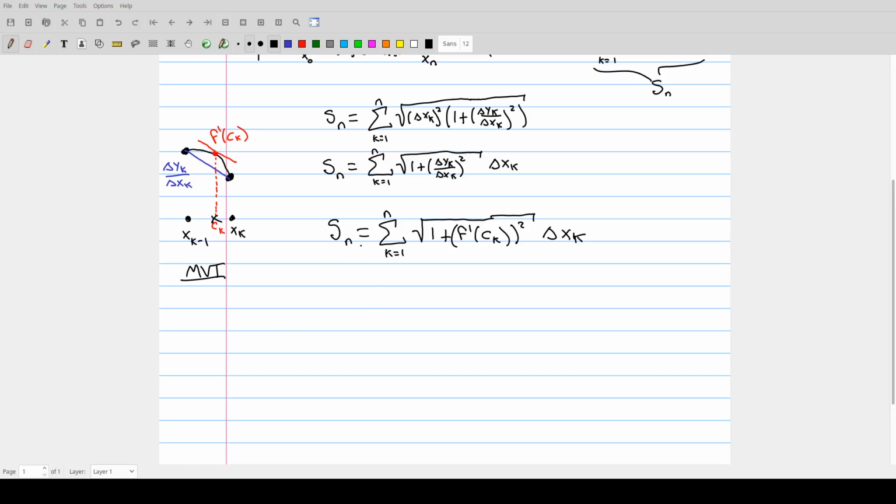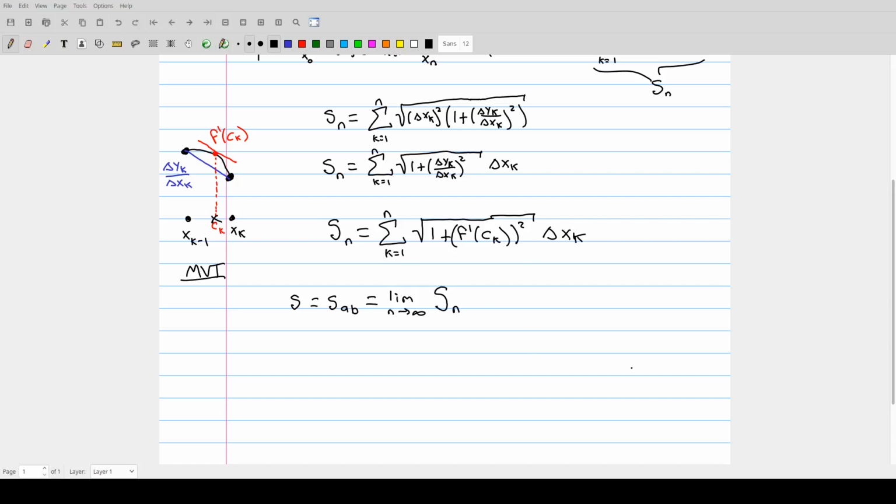So we can consider the limit of Sn as n goes to infinity, and sure enough, the actual arc length, which we'll call S, or SAB to be very specific, the arc length from A to B, is equal to the limit as n goes to infinity, as the partition gets smaller and smaller, of this Riemann sum.